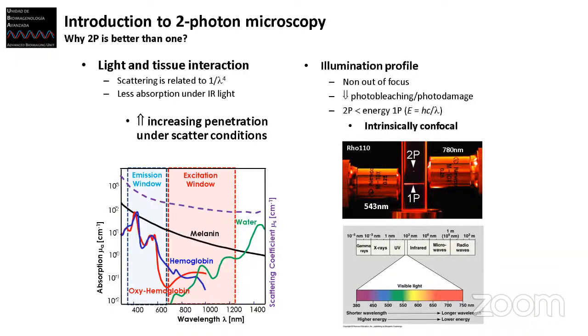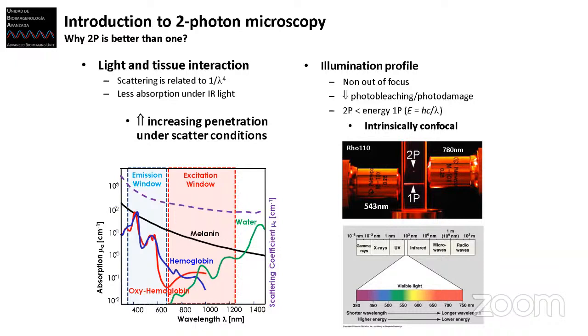And there is a window here that we call the two-photon window, in which most of the absorbers we have in the tissue, hemoglobin or melanin, have some sort of a dip. And I insist that this is a logarithmic scale, so you decrease orders of magnitude of absorption here. So when we have two-photon excitation, scattering and absorption are decreased at farther wavelength.